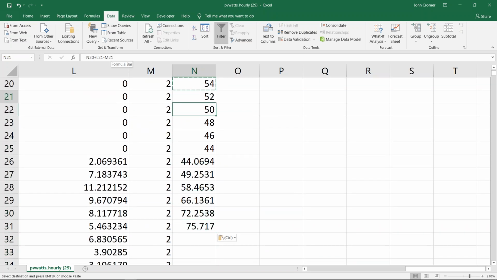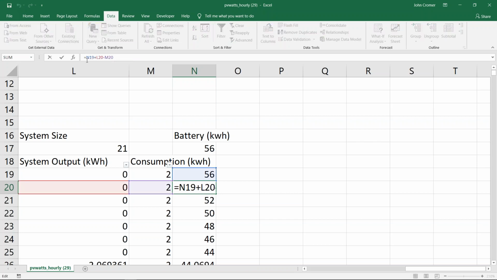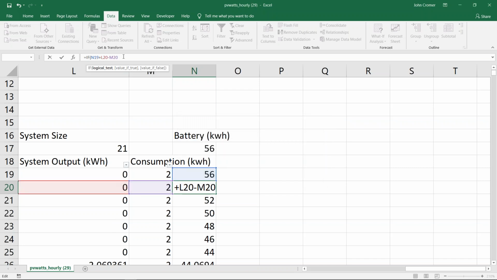Except that my maximum battery size is 56, so I want to add an additional formula here. I want to say if all of this is greater than my original starting size, I want to keep it at my original starting size.